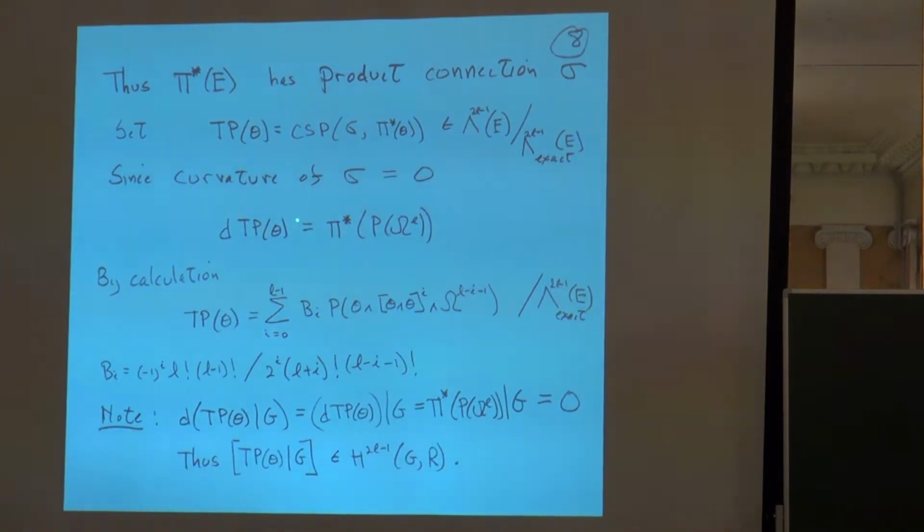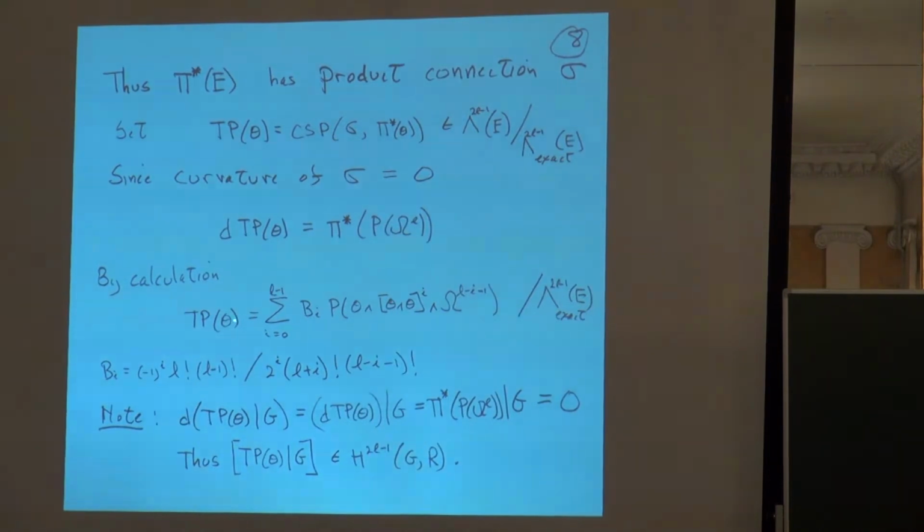Is that what you're saying? Yeah, okay. So upstairs then, in the principal bundle, there's this form, d of which is this guy. And you can calculate it.